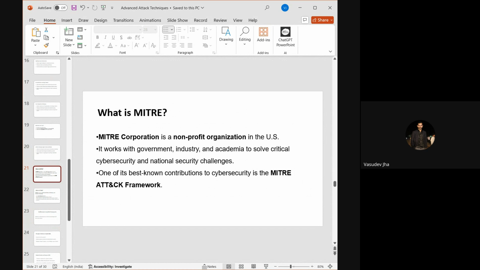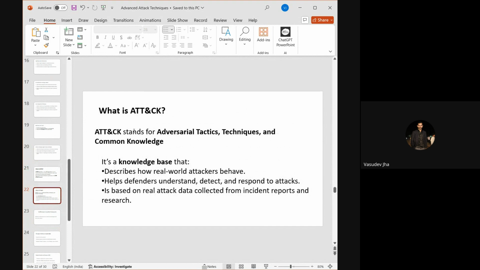One of its best-known contributions to cybersecurity is the MITRE ATT&CK framework. So this is a basic intro of MITRE. ATT&CK stands for Adversarial Tactics, Techniques, and Common Knowledge. It's a knowledge base that describes how real-world attackers behave, helps defenders understand, detect, and respond to attacks, and it is based on real attack data collected from.